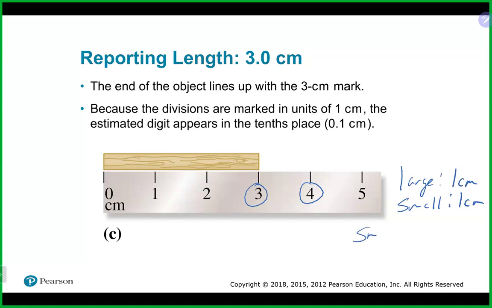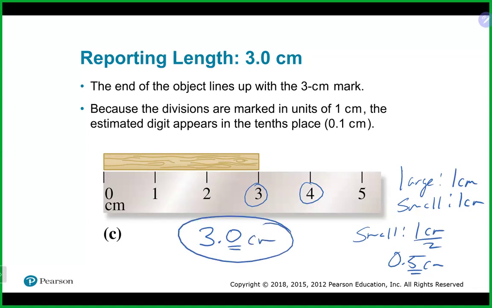Since I know my small is going to be 1 centimeter, divided by 2, 0.5 tells me I need a decimal point here. Now I'm exactly at 3, so once again, we record 3, and because of the scale, I know I need to go out 1 more. I will add a 0, giving me 2 significant figures here, with the 0 being the uncertain number. Any questions on that there?